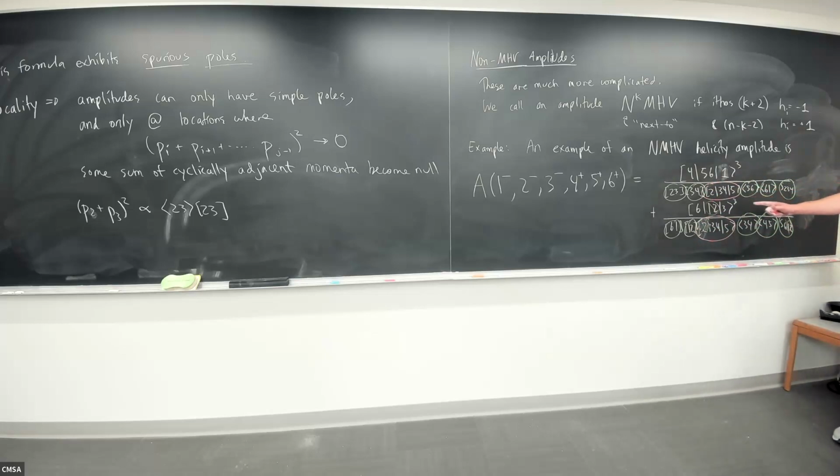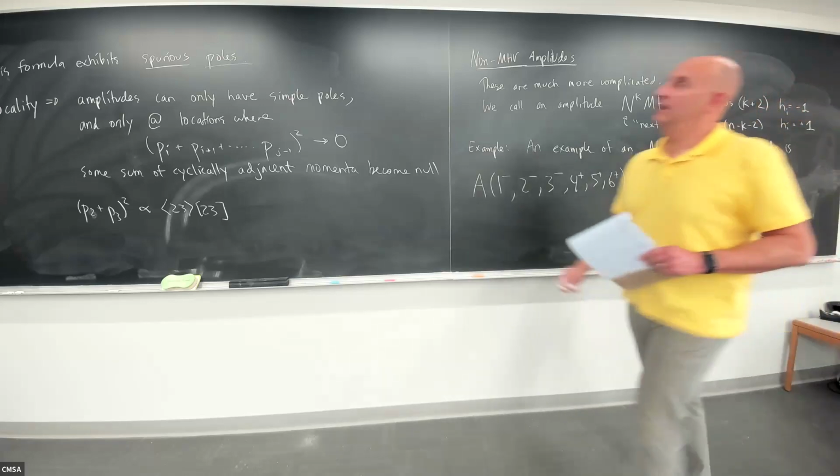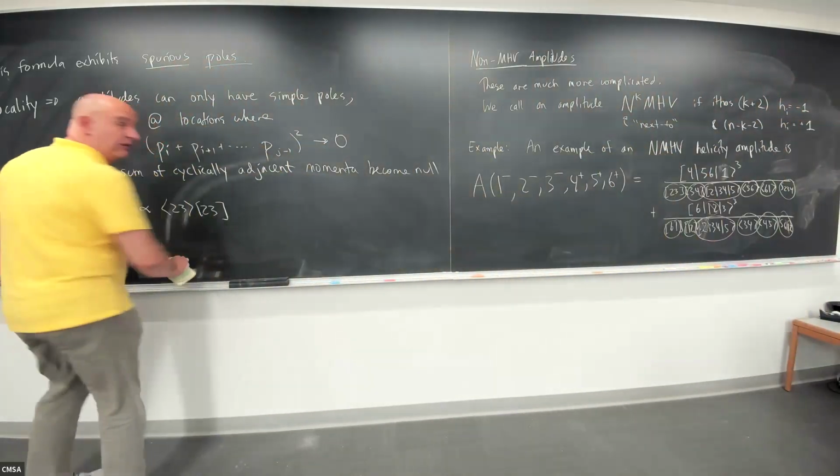So exercise number 3 asks you to show that the residue of the sum of these 2 terms is actually 0 if you approach a location where this thing goes to 0. In other words, it's a sum of 2 terms and the residues of the 2 terms at that pole add up to 0. Any questions about that?